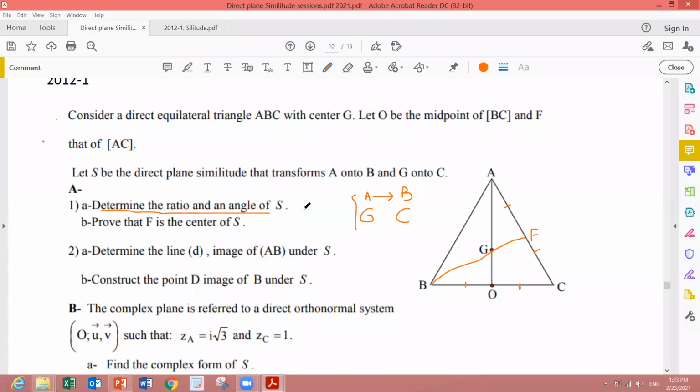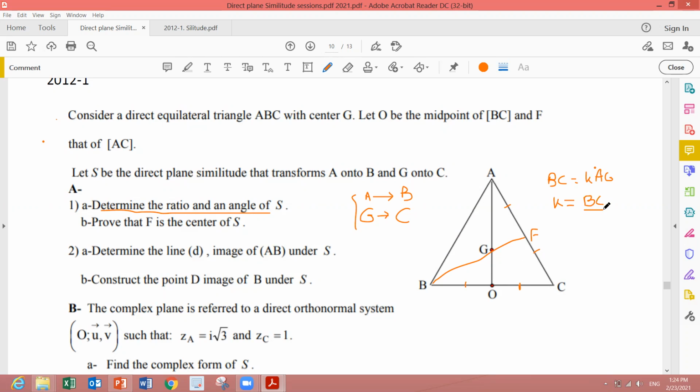How to calculate the ratio? Yalla boys, how to calculate the ratio? BC equals k·AG. Then k equals BC over AG.